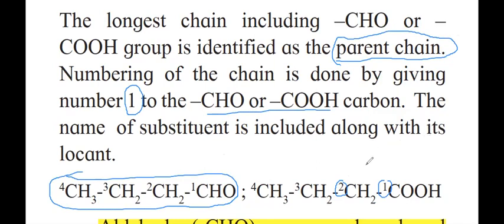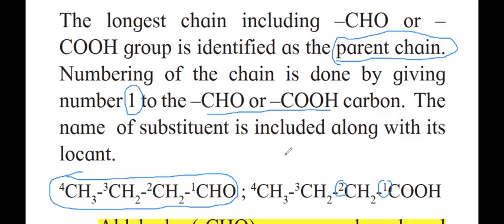Whatever the substituent attached, for example here it is a CH3 group, only one carbon group, it is called its substituent, it is 3-methyl. Whatever the substituent, it is directly attached; we just have to give a locant.